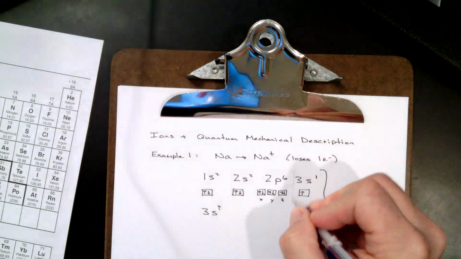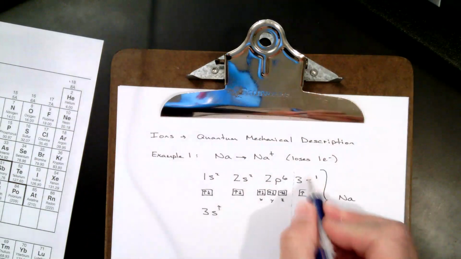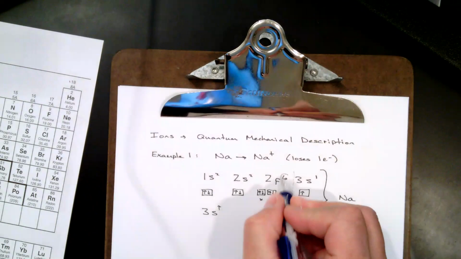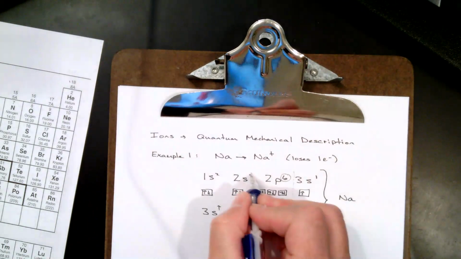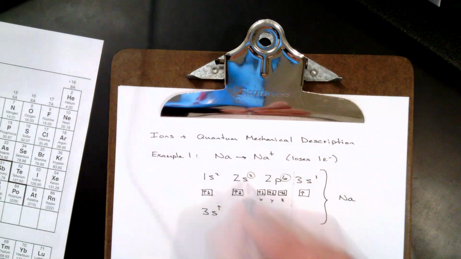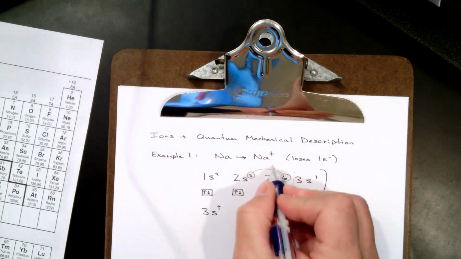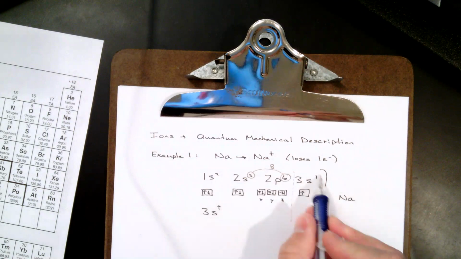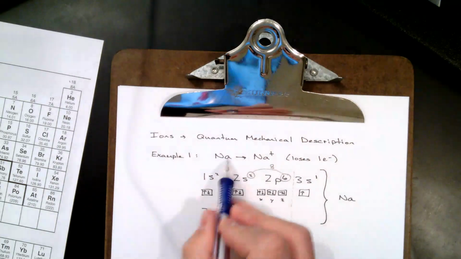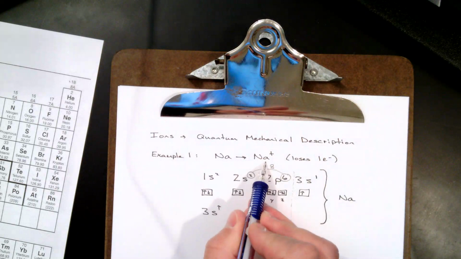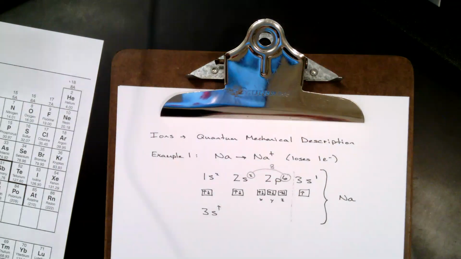If it loses this one valence electron, then it'll have 6 electrons in the 2p, 2 electrons in the 2s, and so on the outside, it will now have 8 valence electrons if it can lose this one electron and turn from an Na into an Na+ ion.